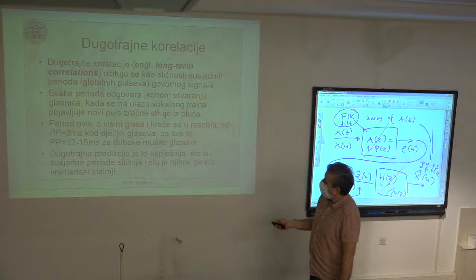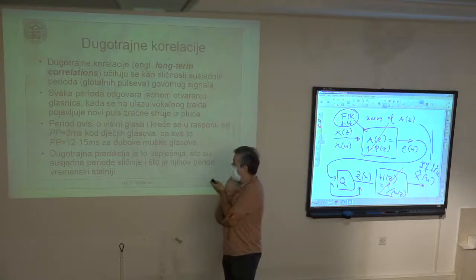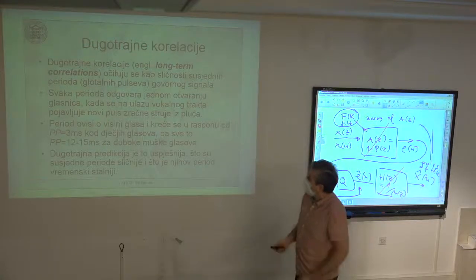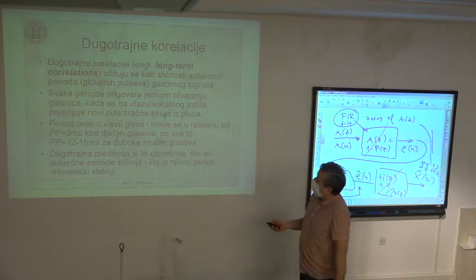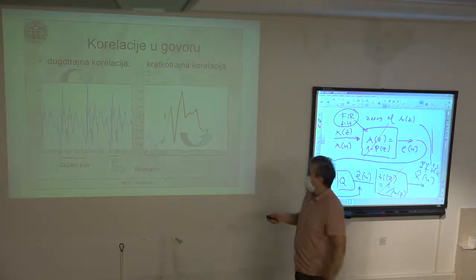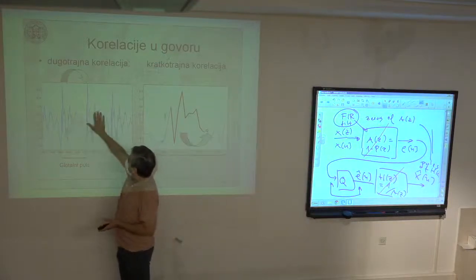Okay, and this long-term prediction is very successful, or results in high rate reduction, if there is a correlation between two neighboring periods. If two neighboring periods are very similar, then of course the difference between this period and this period is very small. So I could have a high prediction gain if I quantize only the difference.